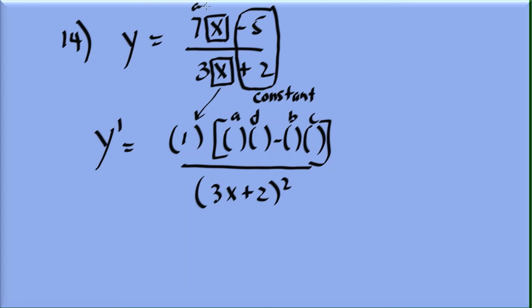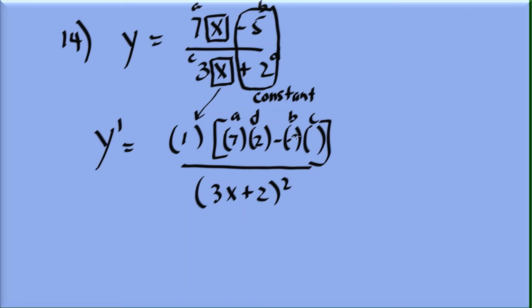This is your A, that's your B, this is your C, this is D. AD is the diagonal, 7 and 2, 7 times 2, minus the other diagonal, BC, that's negative 5 times 3.